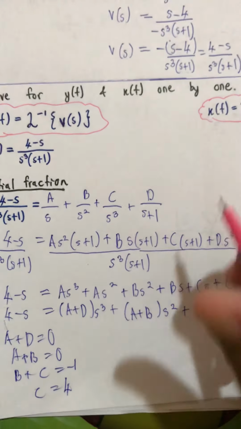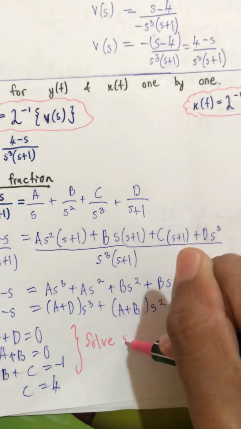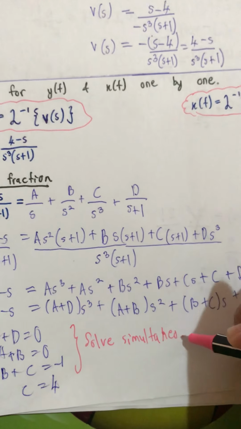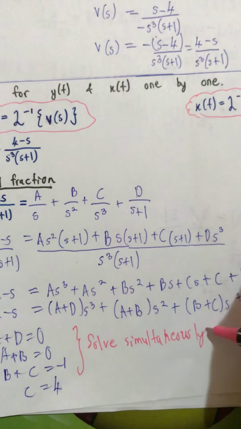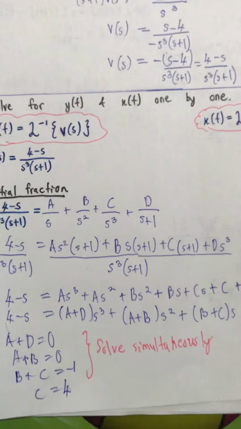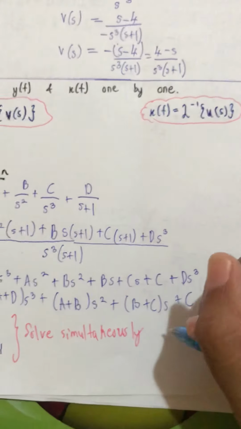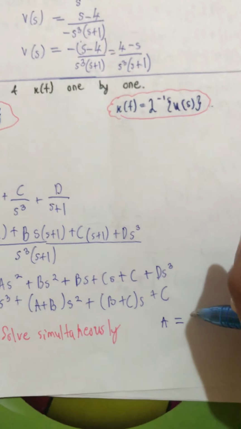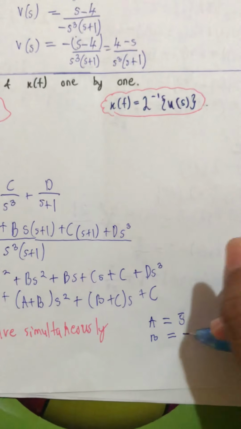And then we solve this simultaneously, and then we will get the answer for A, B, C, and D. So after we solve these 4 equations simultaneously, we get A equal to 5, and then B equal to minus 5.